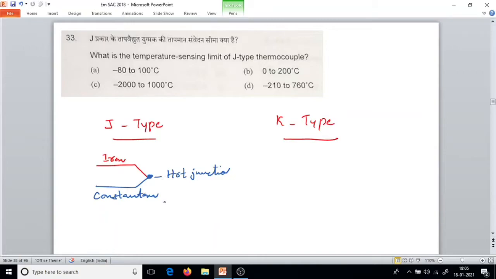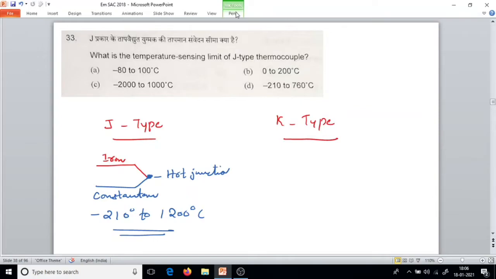So this J-type thermocouple is a combination of iron and constantan. Now, this temperature range is from minus 210 degrees Celsius to 1200 degrees Celsius. This can sense.